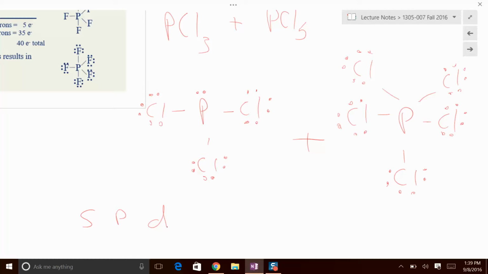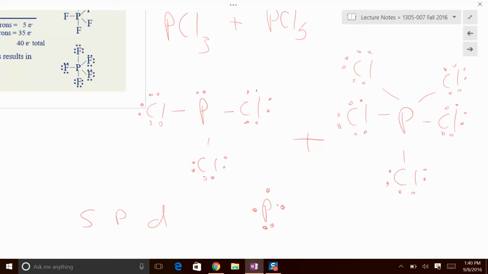So what it decides to do is, so here I have phosphorus, and these are the S electrons, and these are its P electrons. It can make 3 bonds, right? Because it has 3 unpaired electrons. But it has 5 total electrons. So what it can do is, instead of having all of its electrons in S and P, it can spread all 5 of its electrons out because it has a D sub-energy level.